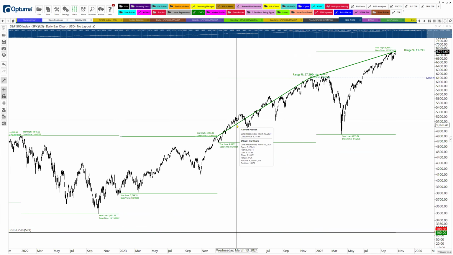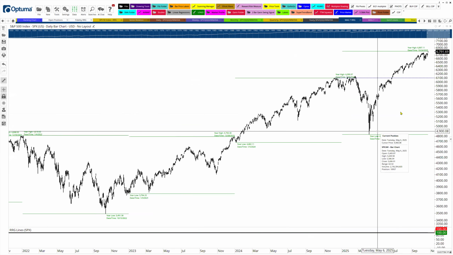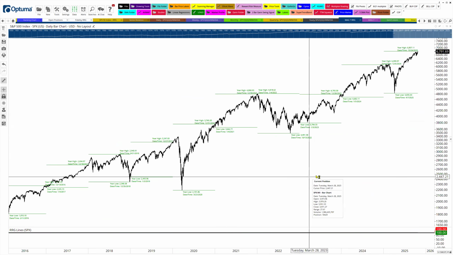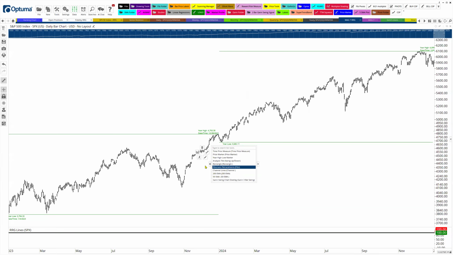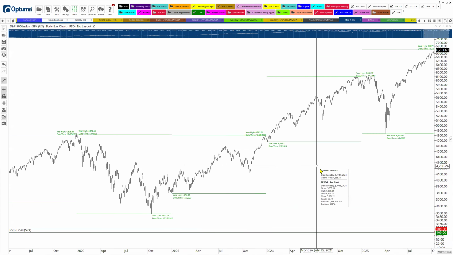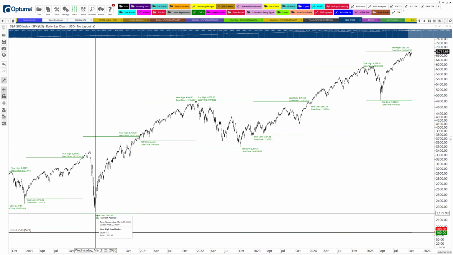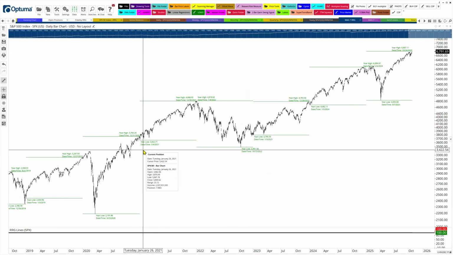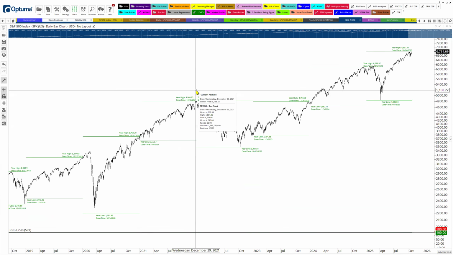Now, if you ever wondered how much the market actually moves each year, this is what it is. It's so dark. Hang on. It's how much the market moves. That's the COVID low. It rallied here, hardly pulled back in 2021 thanks to the Fed, and then ripped again.